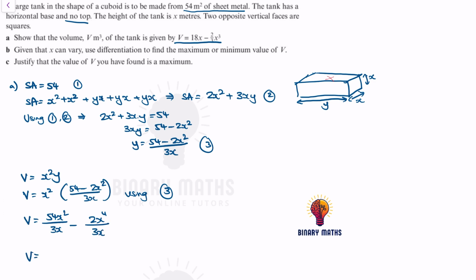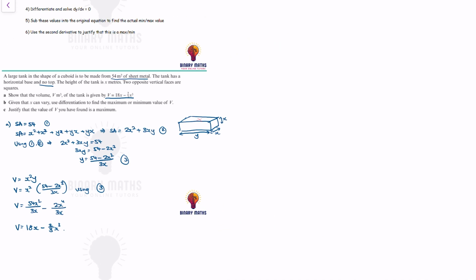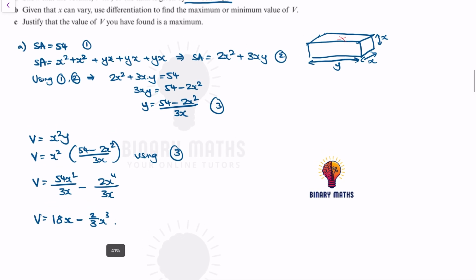If I simplify this, 54 divided by 3 is 18, so 18x, because one of the x's disappears from the top and the bottom, minus 2/3 x³, which is what I wanted. Okay, next part B. Given that x can vary, use differentiation to find the maximum and minimum value of V.